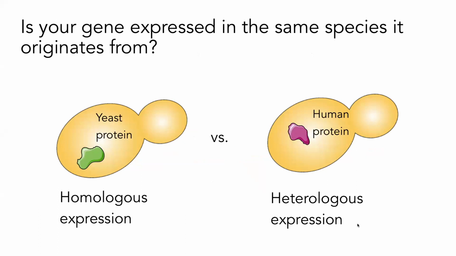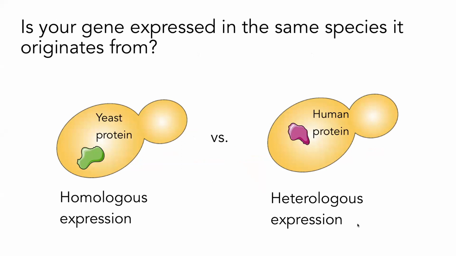So one really easy question to first think about, as you're deciding between model systems, is the species of the gene that you're studying the same as the model system that you'll be expressing the gene in? And if the answer is yes, like in the case on the left, then I think the biological rationale is pretty straightforward, right?